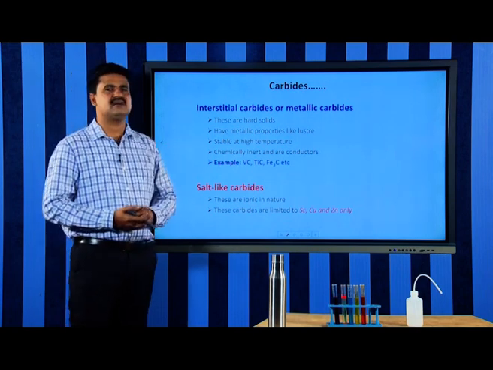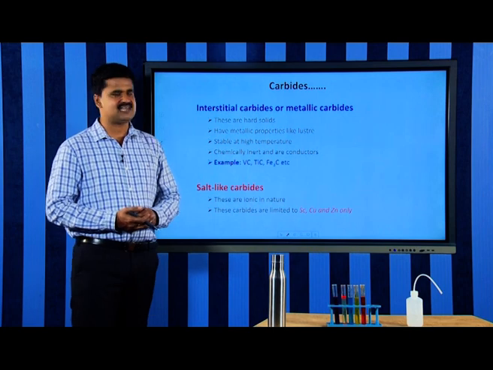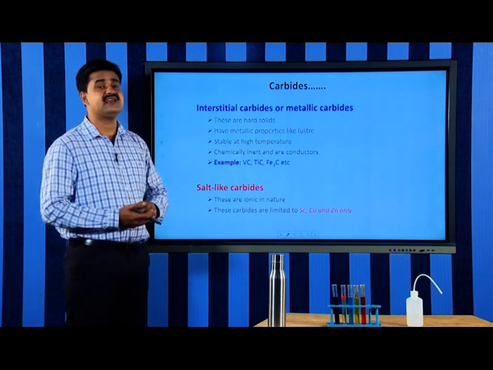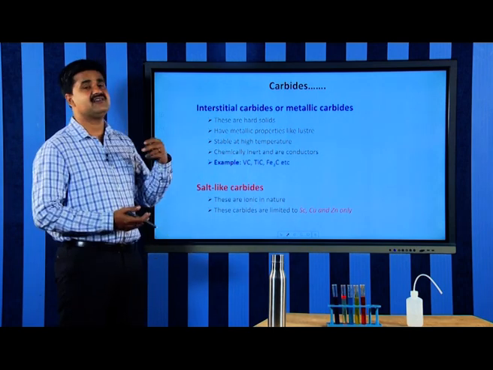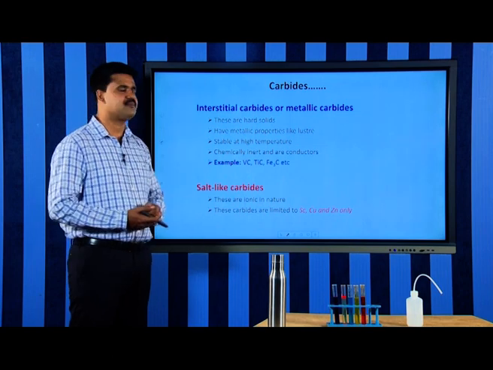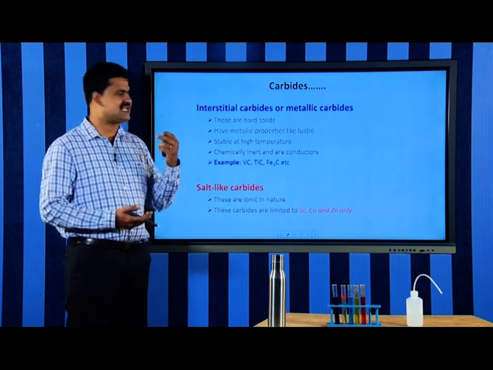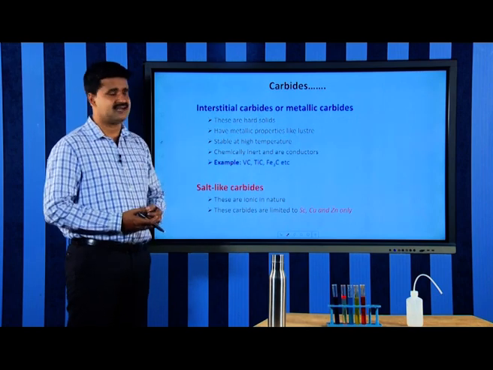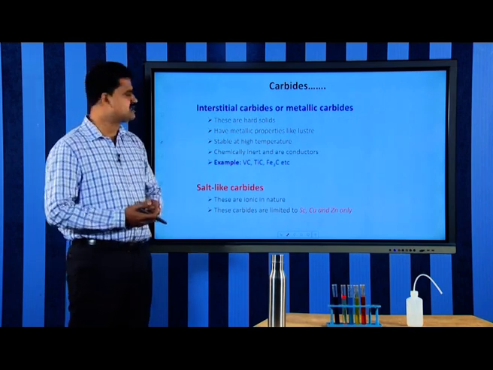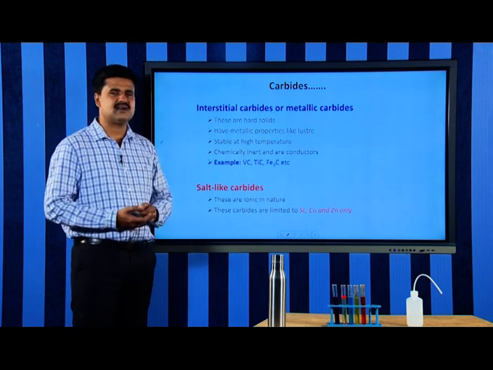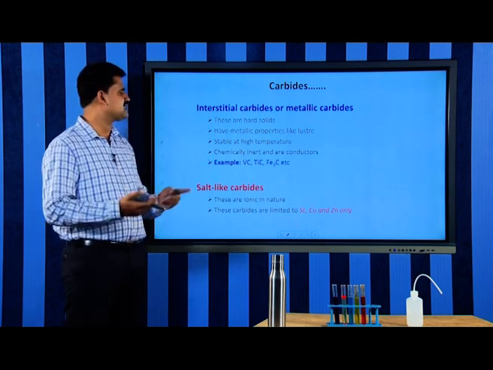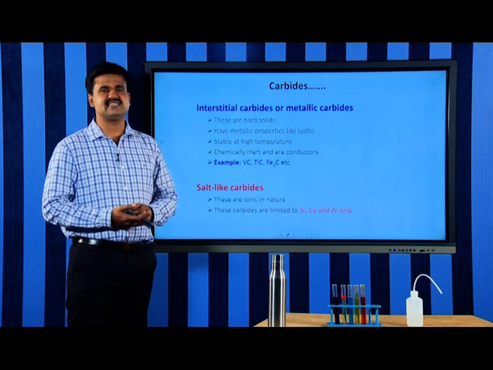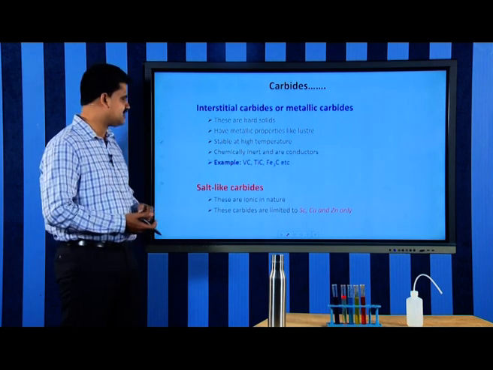Interstitial carbides, otherwise known as metallic carbides, are very hard solids. They have high metallic properties like metallic luster. They are stable at high temperature also. Chemically inert. Some examples are vanadium carbide, VC, titanium carbide, TiC, etc.